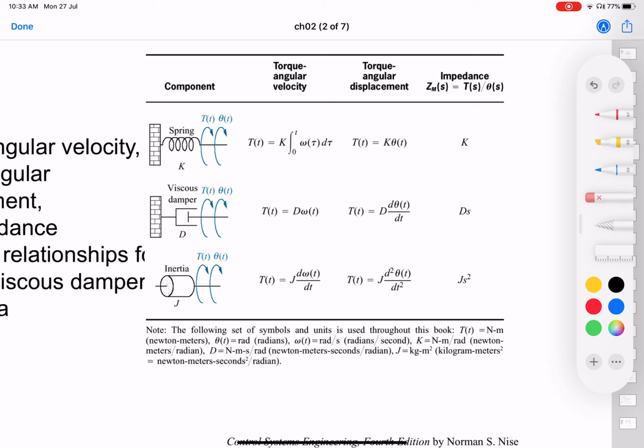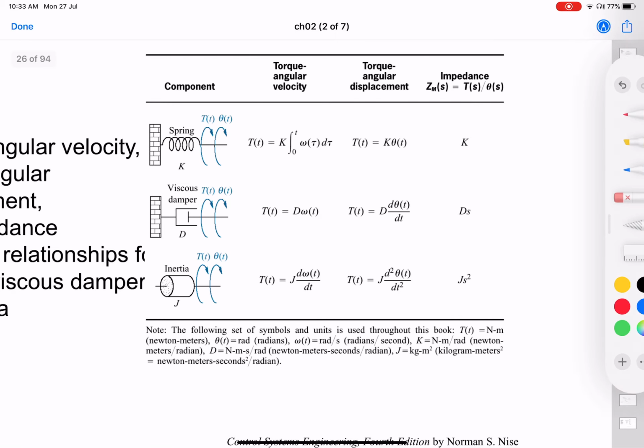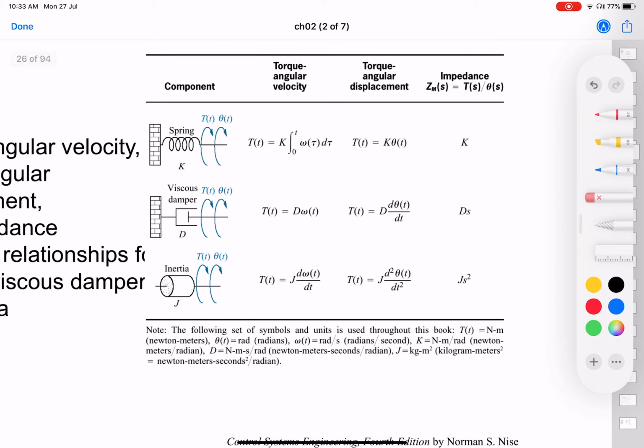So there is this spring, which is subjected to a rotational force, which is torque actually. So you're trying to move this spring, give it an angular displacement, right?